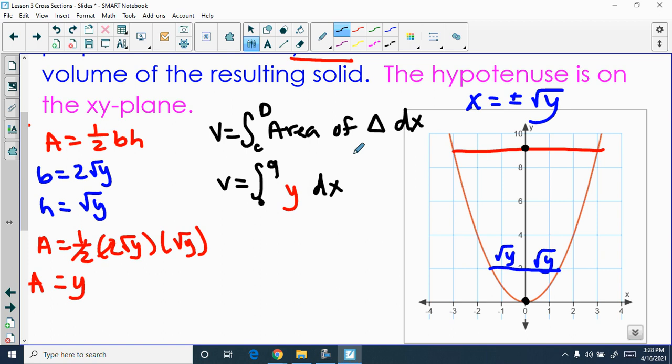Now this one's pretty quick to do by hand, so I'm going to do this one by hand. We're going to have the volume is equal to 1/2 y squared, evaluated from 0 to 9. And when I plug 0 in there, I just get 0. So we really just got to plug in 9. So we've got 9 squared, which is 81 over 2, minus 0, which is just 81 over 2 for our final answer there.